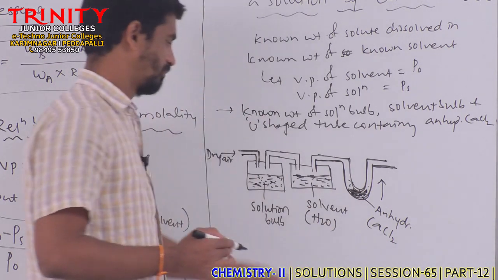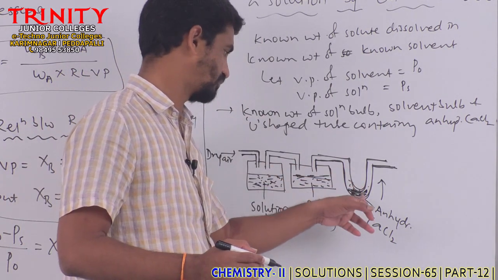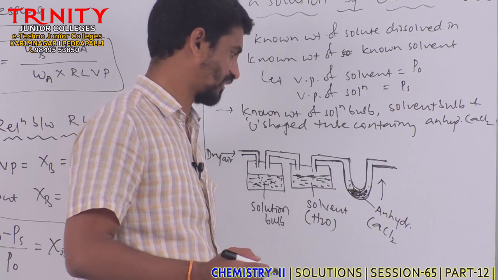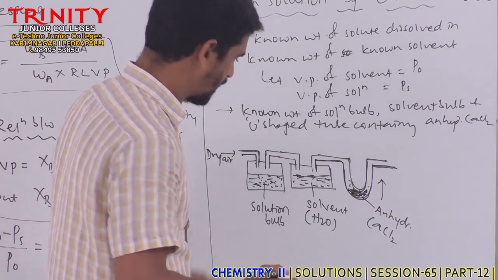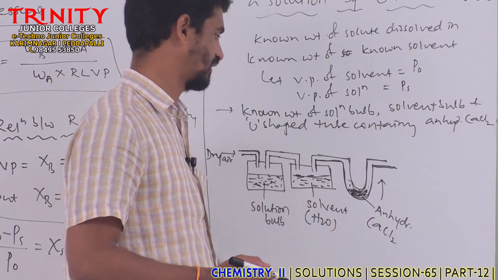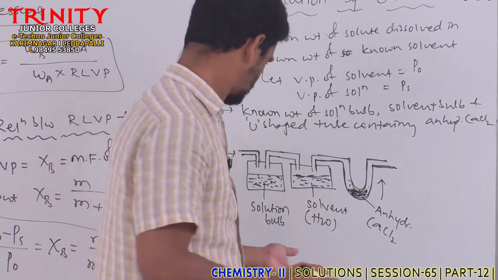So now by that, what happens here? The moisture present in the air is absorbed by anhydrous calcium chloride. By that, weight of anhydrous calcium chloride increases. By using the weight changes of solution bulb, solvent bulb and anhydrous calcium chloride, we can find RLVP like this.